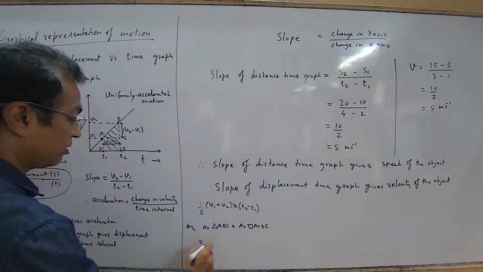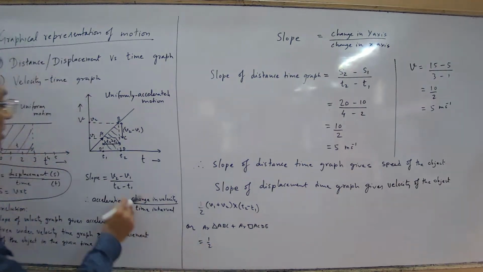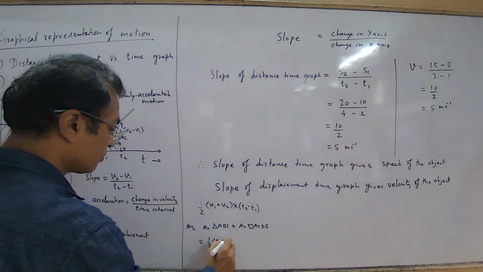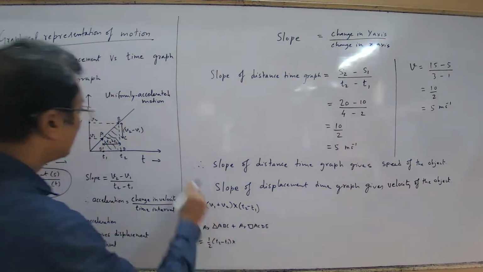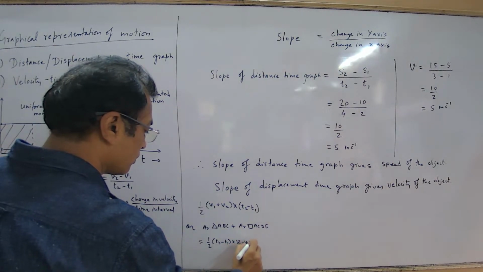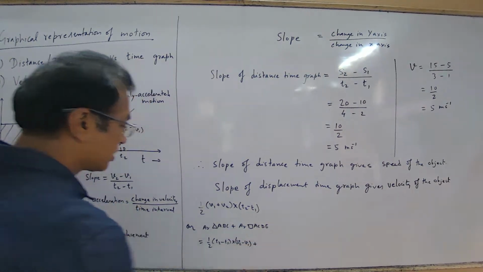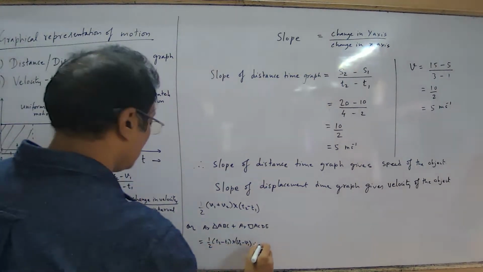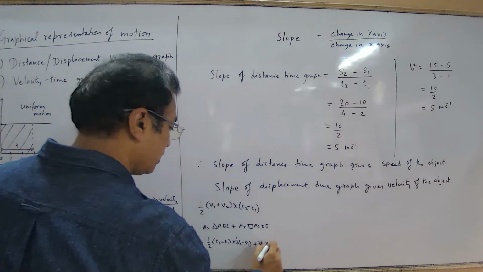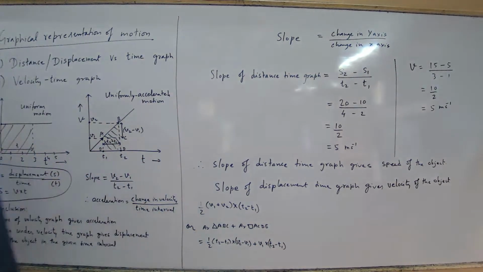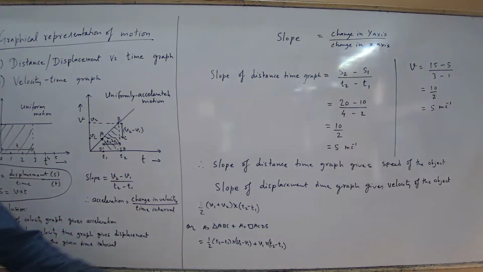What is the area of triangle ABC? Half base into height. Base is T2 minus T1, into height V2 minus V1. Plus the rectangle, where height is V1, into T2 minus T1. Correct? So if you rearrange, you get the same thing.